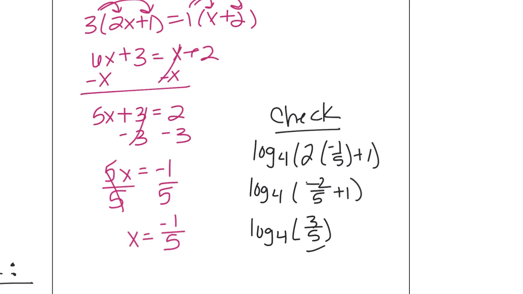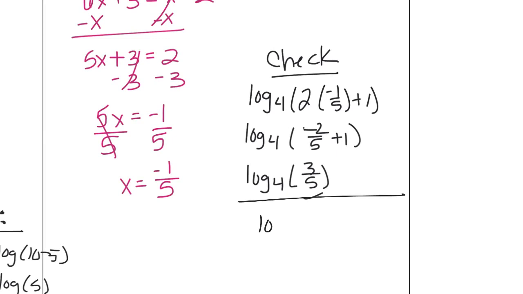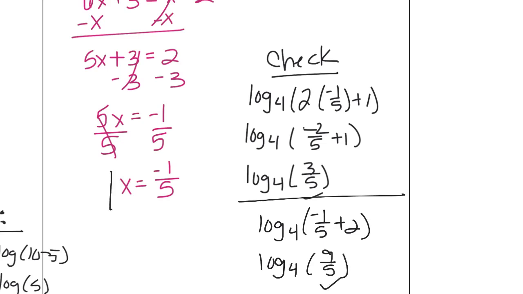So far, so good. The next log that had a variable in it was log base 4 of x plus 2. So x was negative 1/5 plus 2. Negative 1/5 plus 2 makes 9/5, which is also positive. So yes, x equals negative 1/5 is a solution.